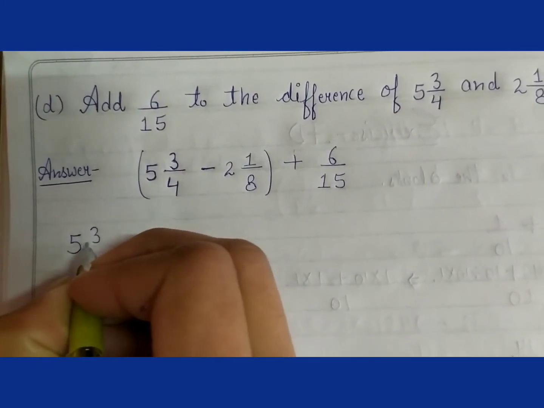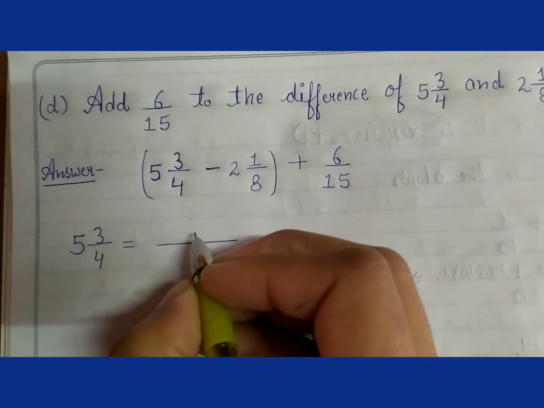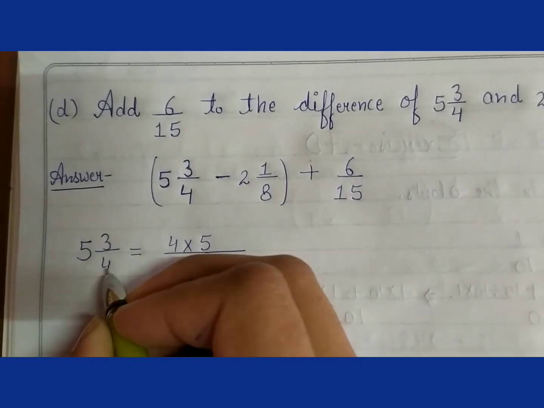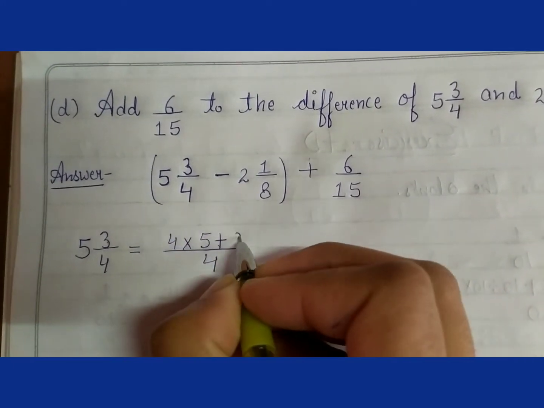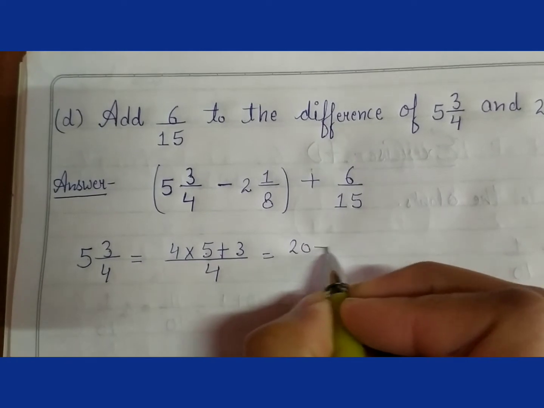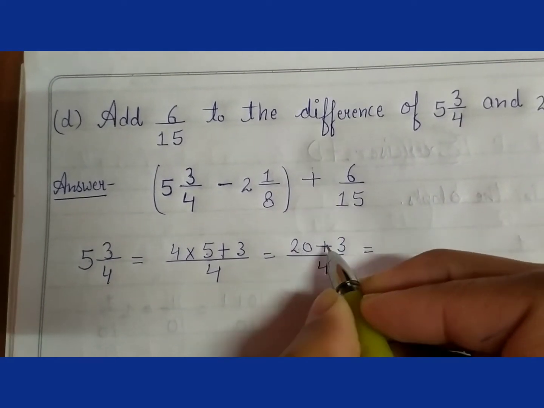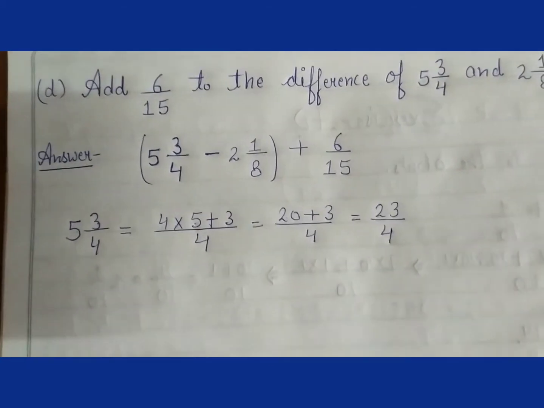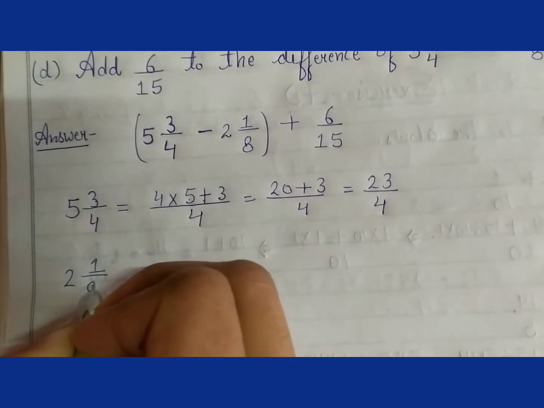5, 3 upon 4. Write 4 in the denominator. In the numerator, 4 multiply 5, add 3. 4 multiply 5, 20 plus 3 upon 4. That is 20 plus 3, 23 upon 4. Similarly, 2, 1 upon 8.